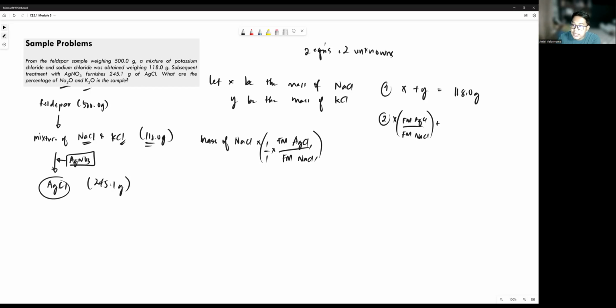Since there's a corresponding mass of KCl, we just multiply it by the formula mass of AgCl over the formula mass of KCl. Based on the problem, the resulting AgCl will be 245.1 grams.